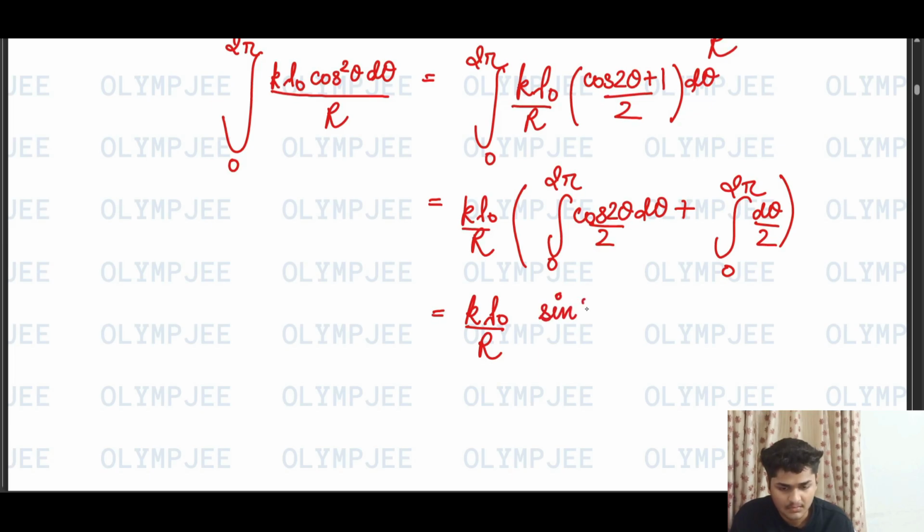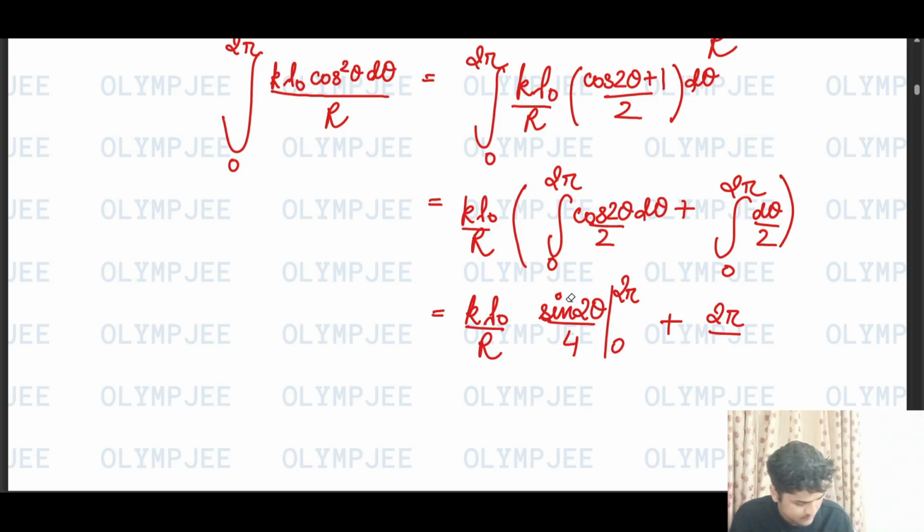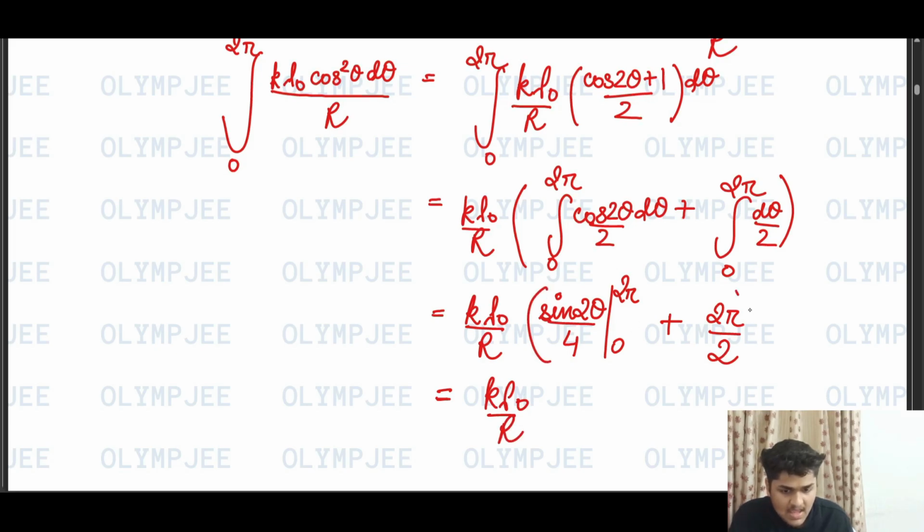So this will become k lambda naught by r, and sine 2 theta naught at 2 pi is sine 4 pi, which is 0, and sine 0 is also 0.